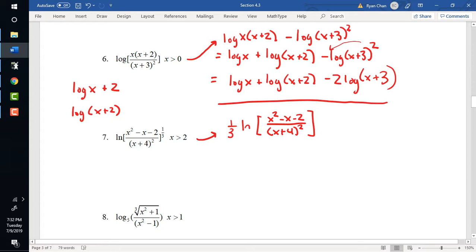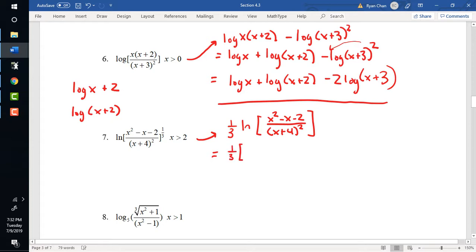You see that I cannot do subtracting because they're both raised to 1/3. I have to almost peel off the 1/3, and then I can split my fraction up. So the 1/3, I'm going to break my x squared minus x minus 2 and my (x plus 4) squared by subtracting. Now the thing you need to be careful about is you're actually multiplying everything by 1/3.